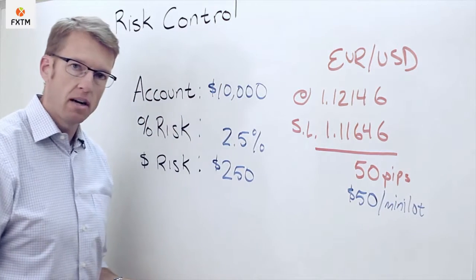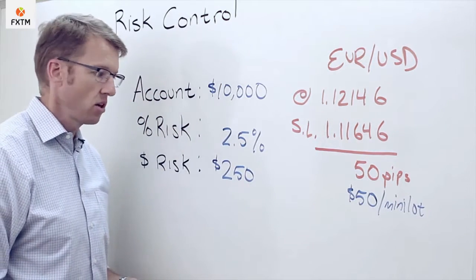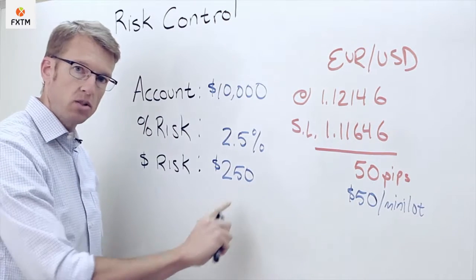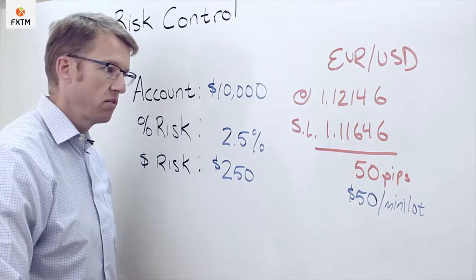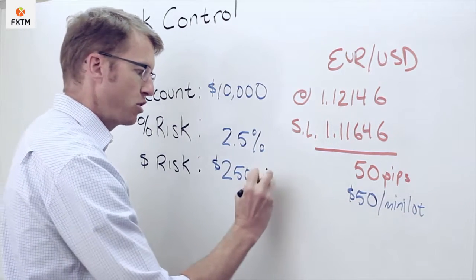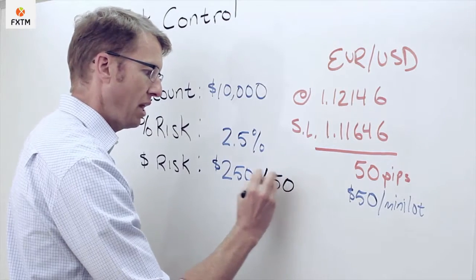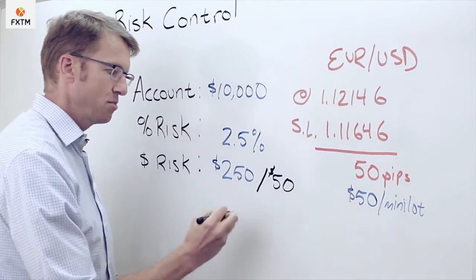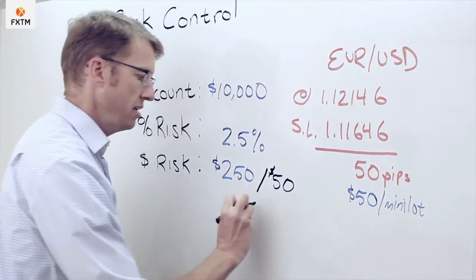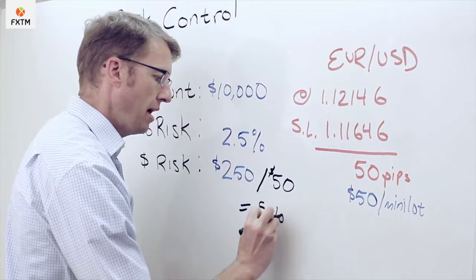Now, at this point, our calculation becomes really easy, because all the trader has to do is take their maximum amount of risk, or their position size, which is $250, and divide that by their $50 per mini lot that they've essentially planned as a theoretical loss amount, which means that they are going to be trading a position size of 5 lots.